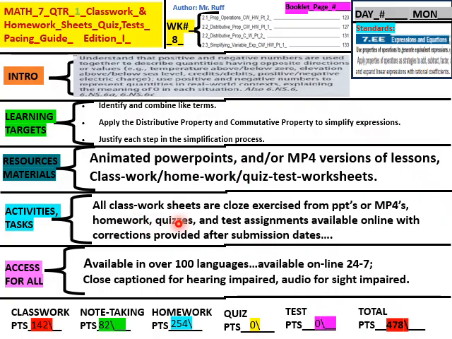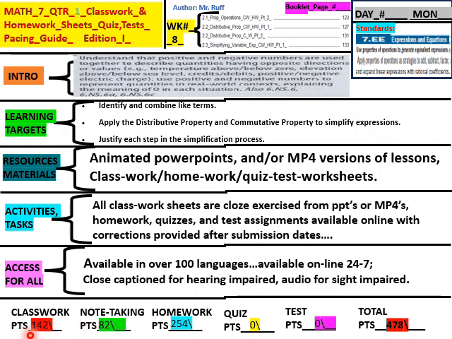Activities and tasks, all class worksheets are closed exercise from PowerPoints or video. Homework, quizzes, and test assignments available online with corrections provided after submission dates. So that means students, you can self-correct, self-grade. Access for all, available in over 100 languages. Available online 24/7, closed caption for hearing impaired, audio for sight impaired.